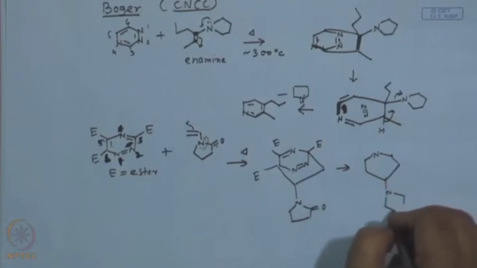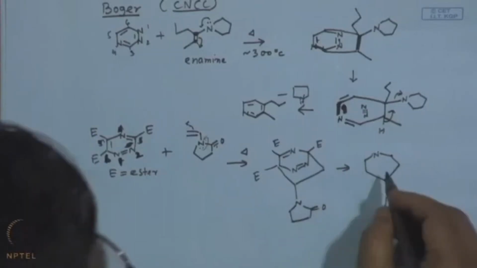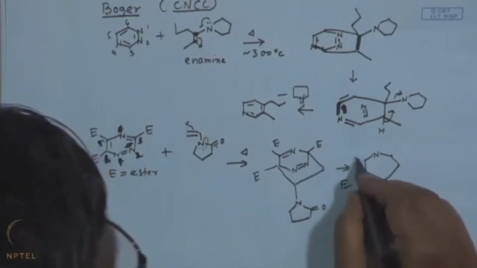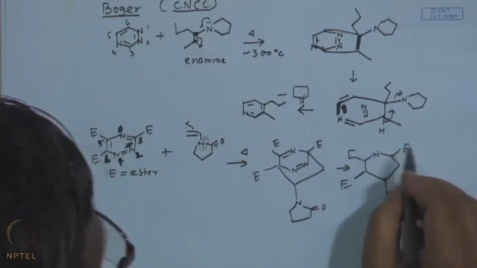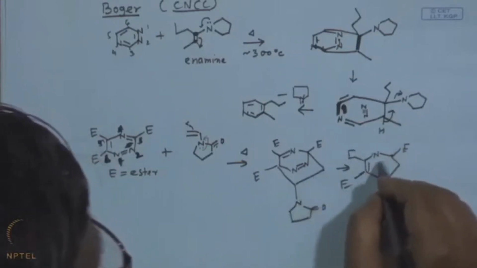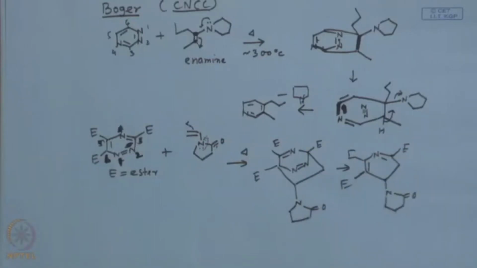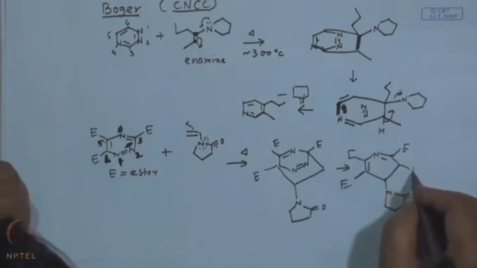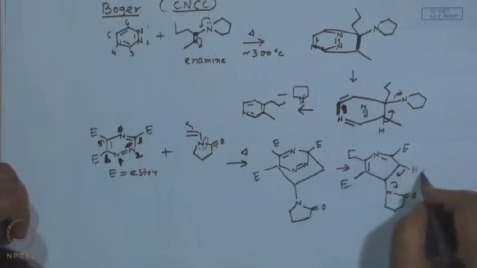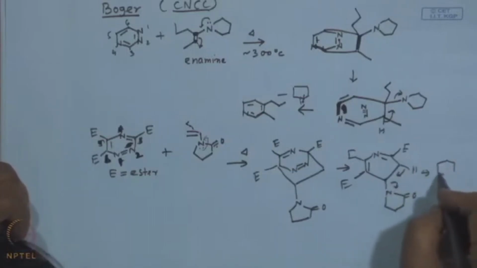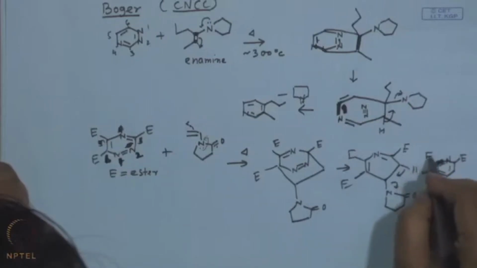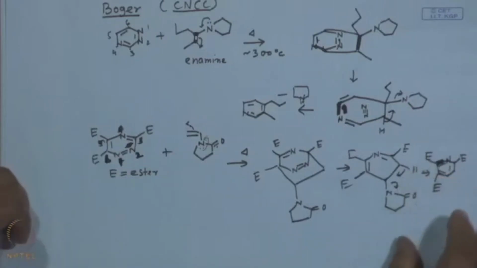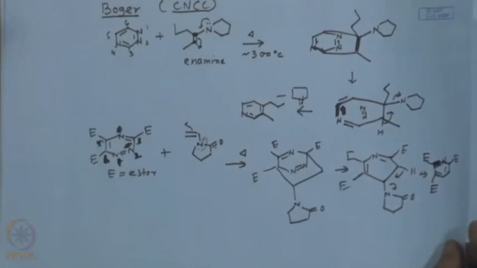This is the pyrrolidine, and this is E, this is E. Nitrogen eliminating means you will have a diene here, and then of course thermal elimination would eliminate this pyrrolidine. So, once again it is basically an extension of the previous example, and it is just a pyridine derivative. So, it is a pyridine triester.